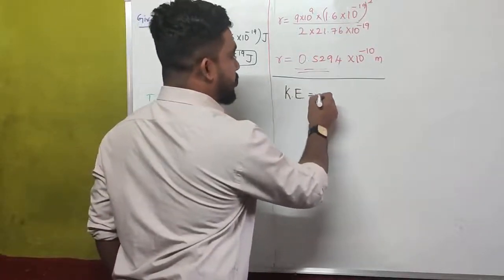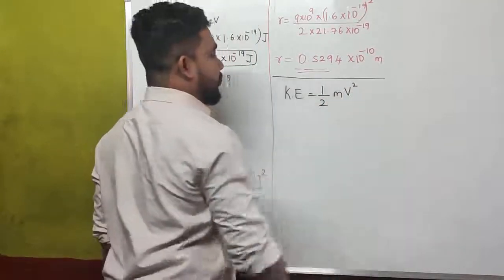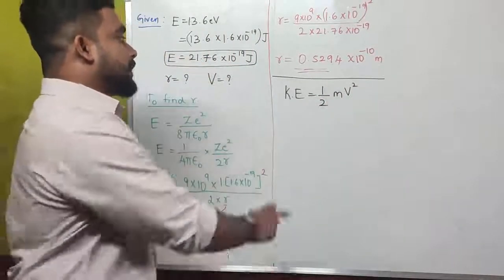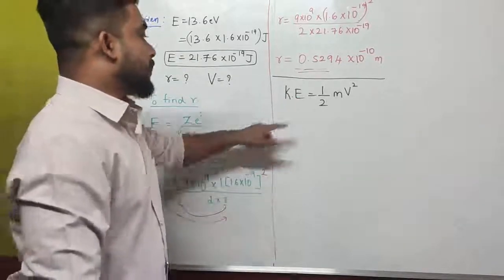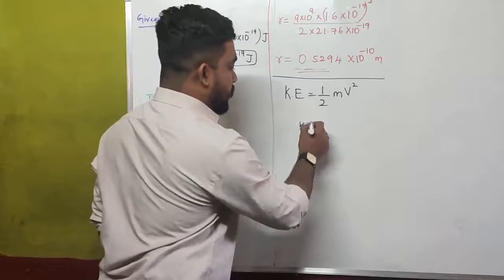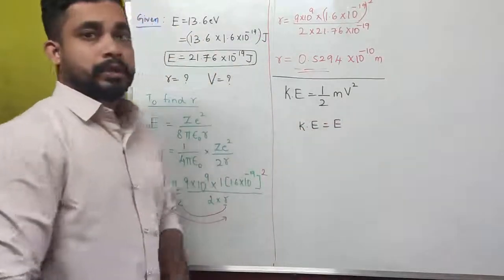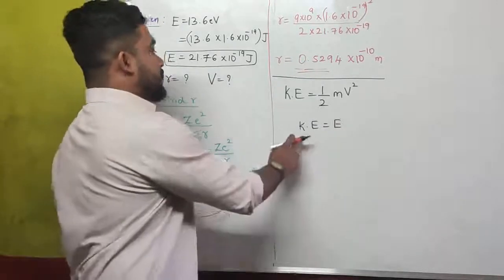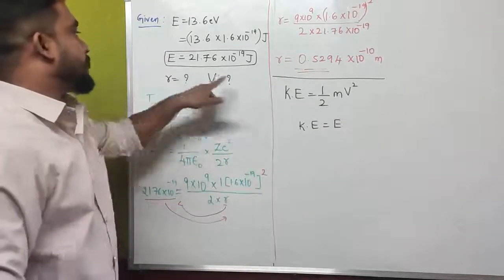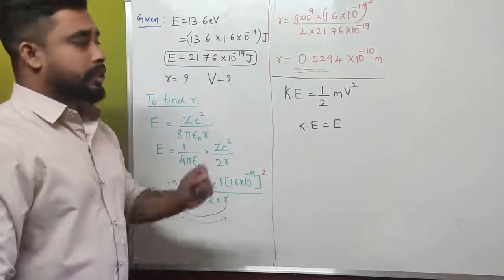Kinetic energy is half m v square. Here we don't have any potential energy term, so kinetic energy is equal to the total energy of the system. That is why we can consider this kinetic energy as 21.76 × 10^-19 joules.